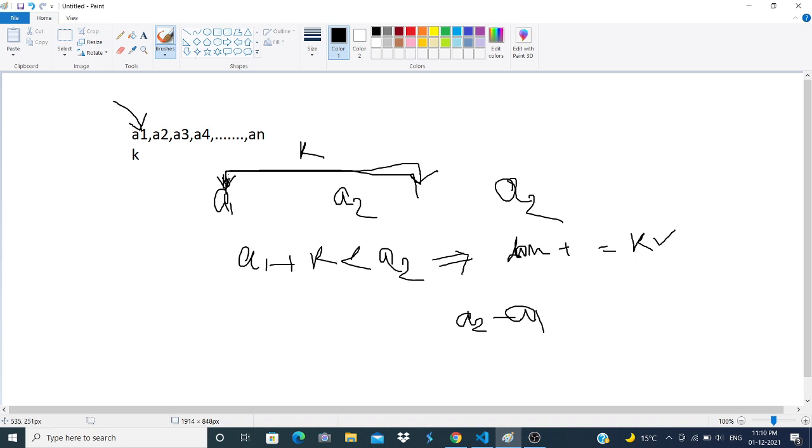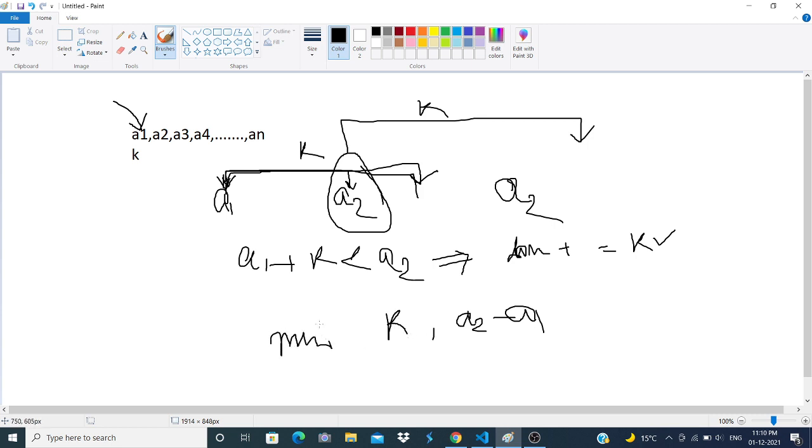Because as soon as I reach a2, the effect is reapplied. Another process starts again with a2 as the start point and continues for k seconds. So what we do is take the minimum of these two, whichever is the minimum, we just add that to our damage, right.